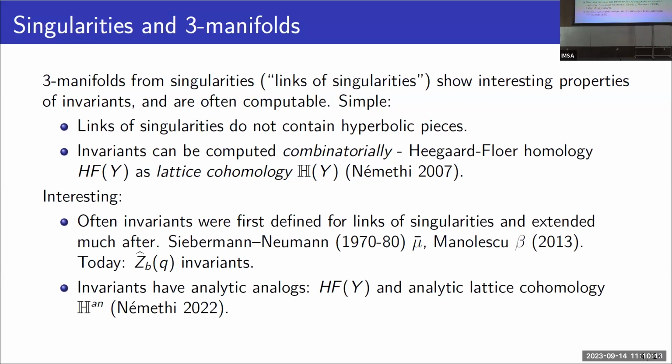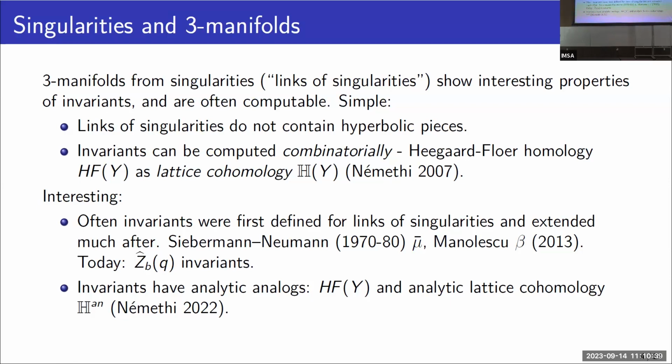For example, there was an invariant mu bar which was defined independently by Siebenmann and Neumann. This invariant is defined for the links, and it took 33 years to extend it, by the work of Manolescu, who defined this invariant beta using Seiberg-Witten theory.